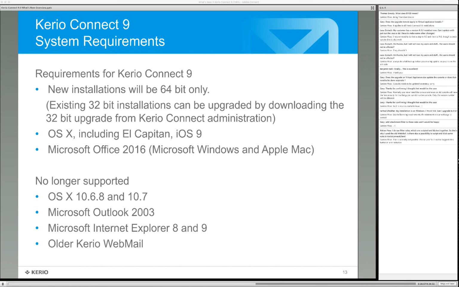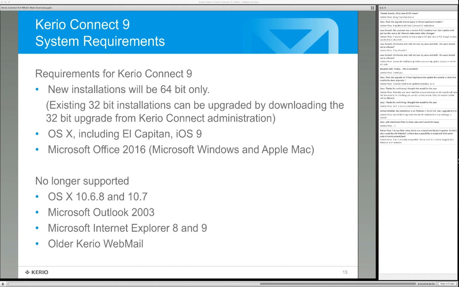But do keep in mind this is the last version of Kerio Connect where we'll provide a 32-bit upgrade at all. So new installations 64-bit. If there is already a 32-bit installation, we will allow it to be upgraded as a 32-bit, but let's take that time to move over to a 64-bit version next time.